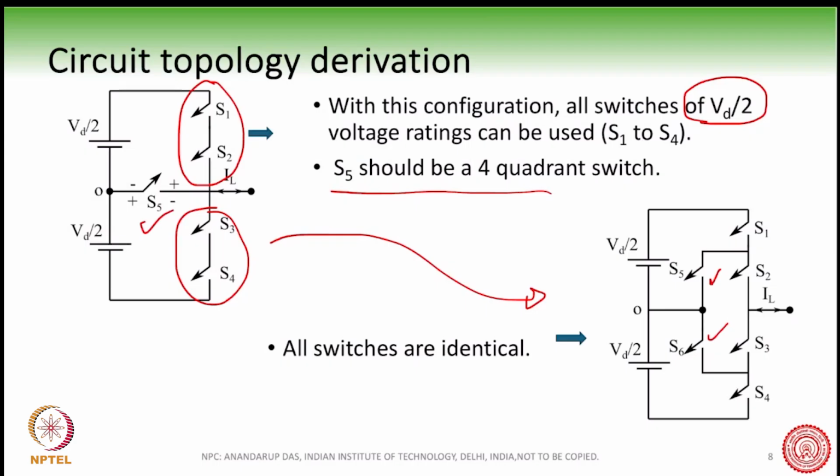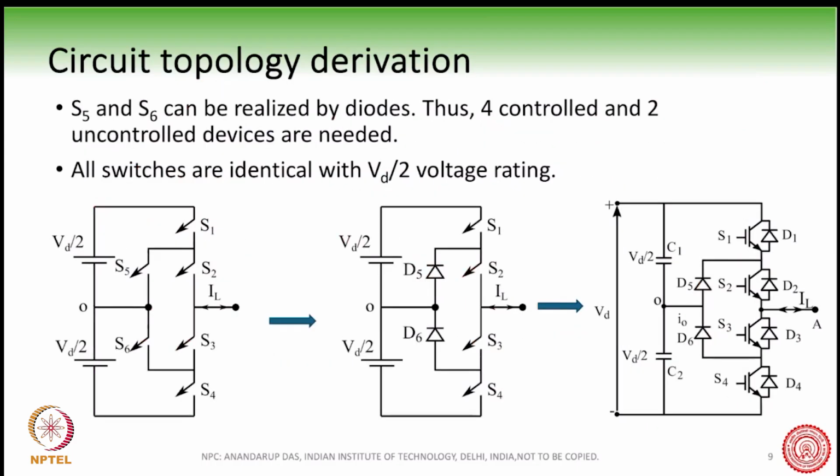Why we do that is becoming clear here: if I put the two switches S5 and S6 here in this way, basically we can introduce two diodes and we do not need these two as controllable switches. Okay, and S1, S2, S3, S4 are therefore always controllable switches. Okay, and so one phase of this converter therefore looks like this.